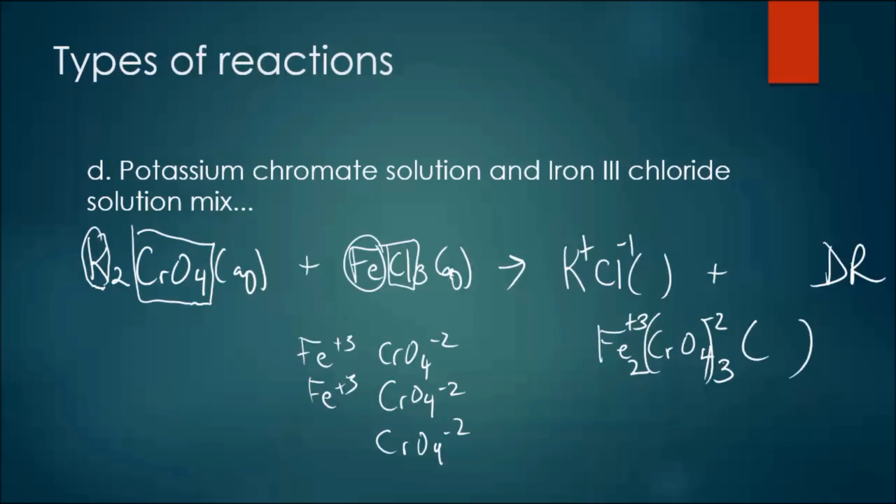Are we balanced? Let's see, how many potassiums? How many CrO4s? But you have 3 here. So what are we going to have to do? But that messes up your potassiums.